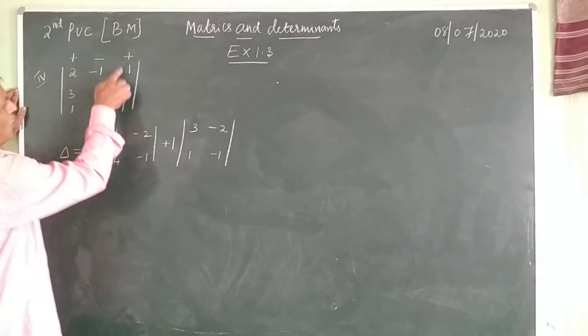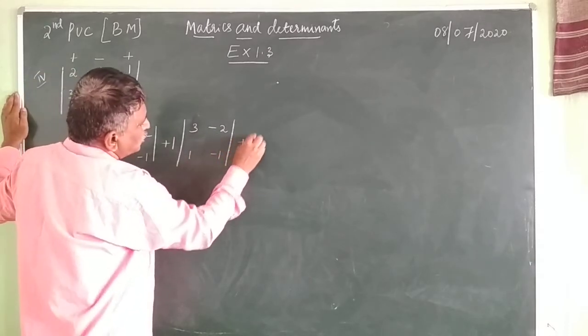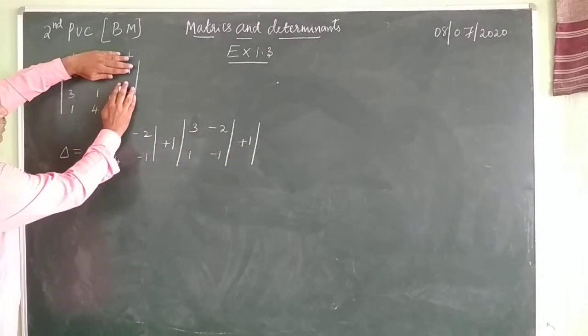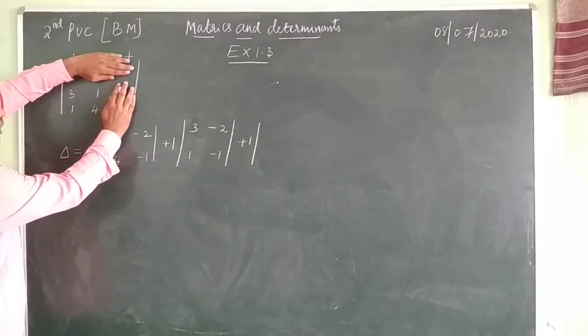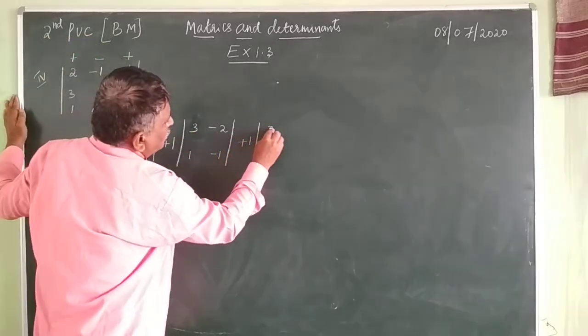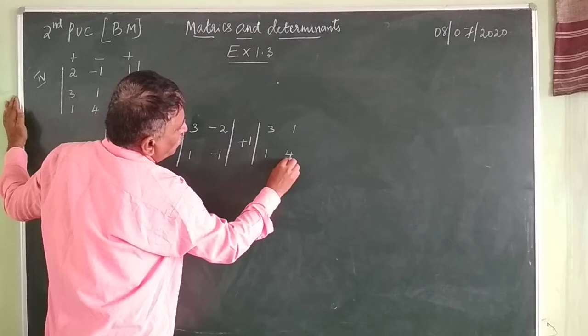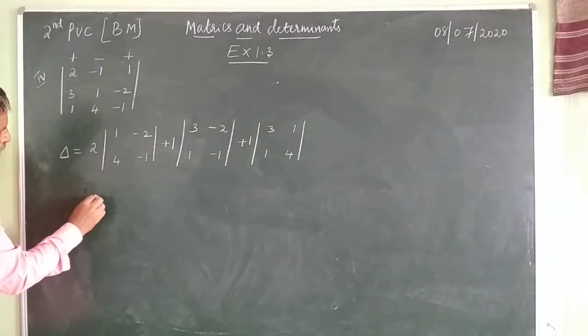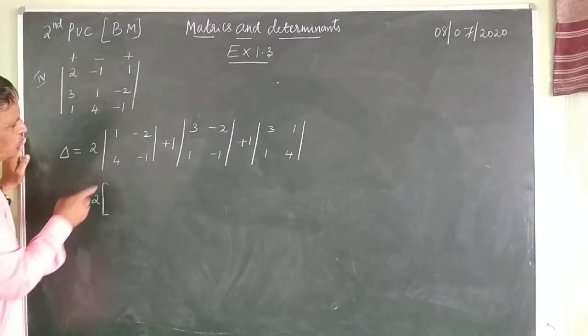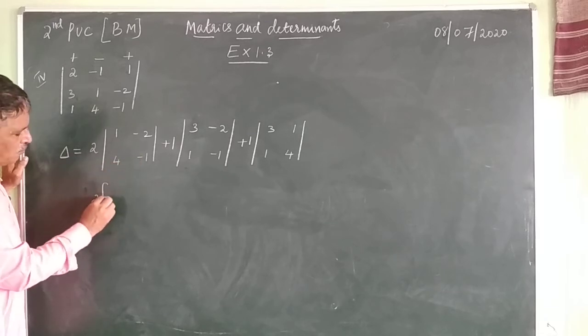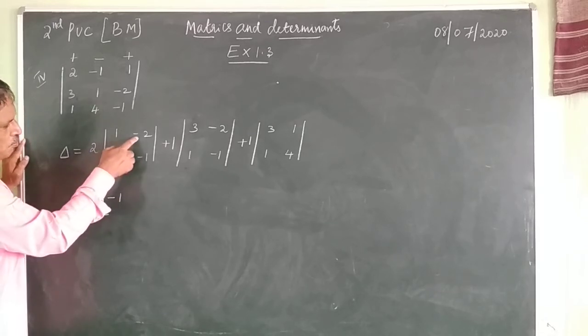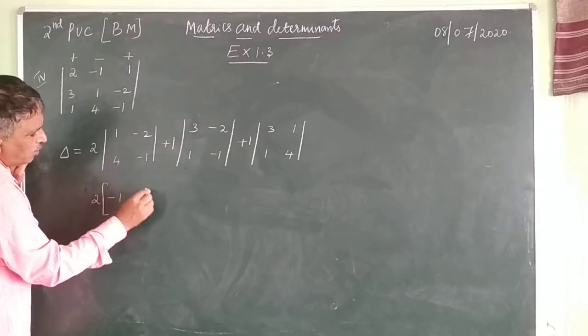Next, here plus into plus, plus 1. If I take 1, I need to eliminate the row and column related to that. 3 1 1 4. Now this will be 2. The product of the principal diagonal, plus into minus, minus 4, 2 times 8.